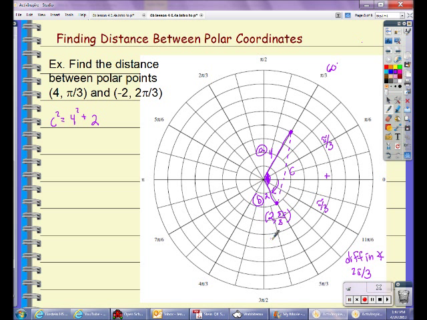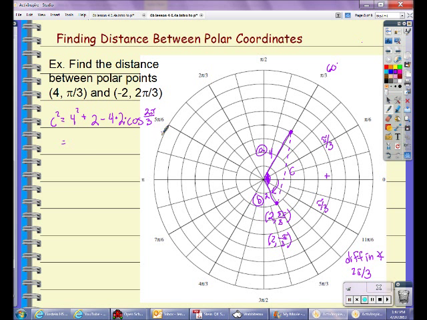I could have said 5 pi over 3 or 2 comma negative pi over 3 in order to find this pi over 3 thing. So I wanted to use the positive 2. Always use the positive. Minus A times B times the cosine of C, which we found is 2 pi over 3. That's the angle between the points.